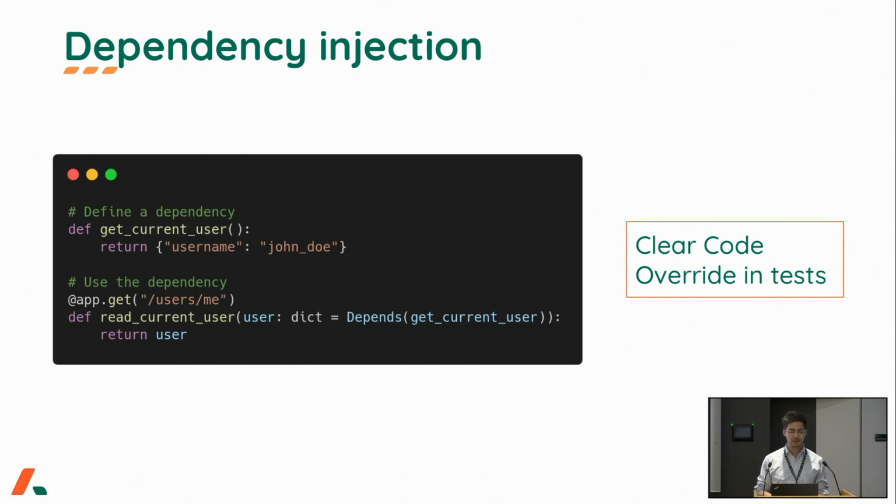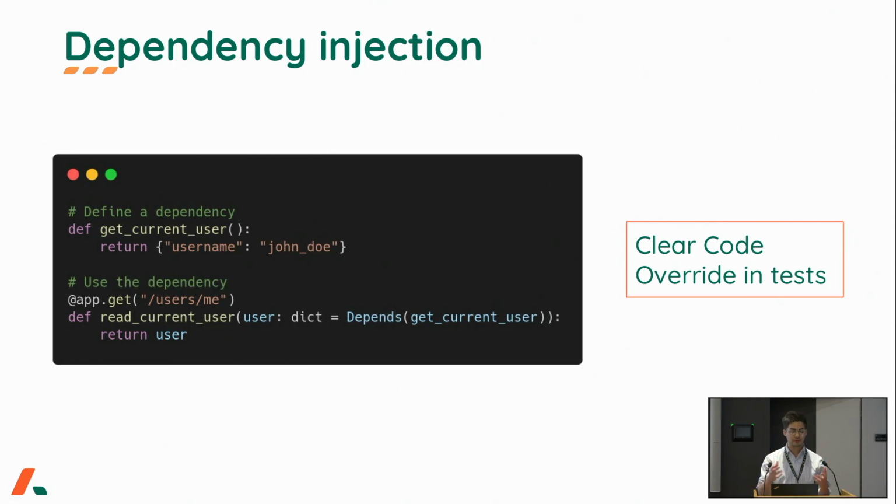Then the mechanism of dependency injection. To really explain the dependency injection mechanism to you, I have to show you a small example. We have the function getCurrentUser that returns a dictionary with username and John Doe. Underneath that, I have the definition of my route /users/me, which is simply using a get method.